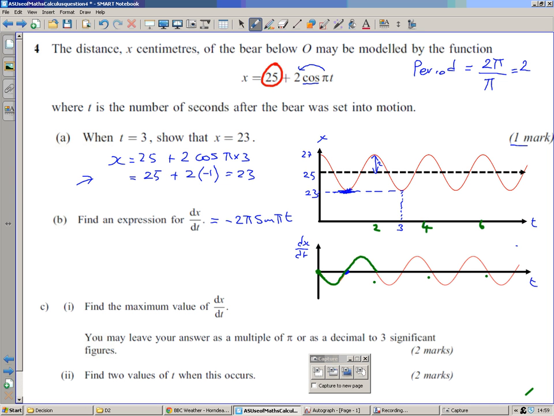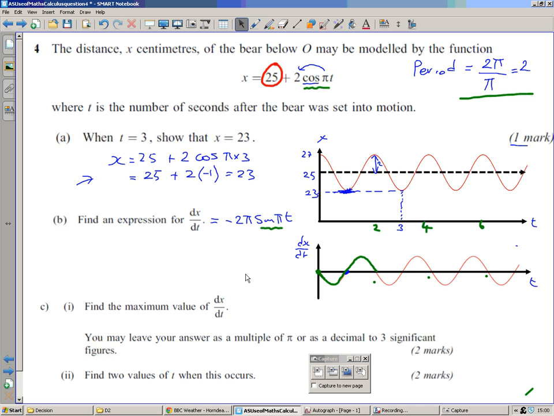Well, if we look at it, we can see that the period is still the same. That is actually, in fact, always the case. The period of a trig graph, compared to that differentiated, is always the same. So the period is also, same calculation, equal to 2.